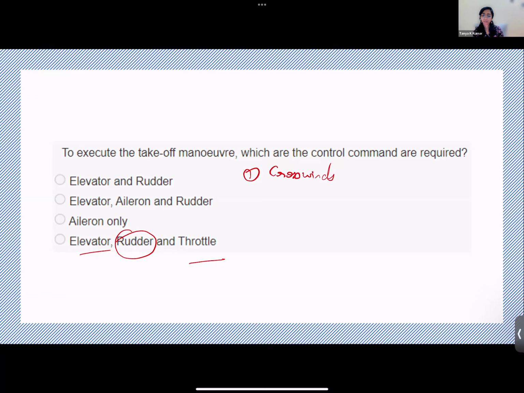Why? It's something to do with the propulsion system. Think about it then, if that is a clue.